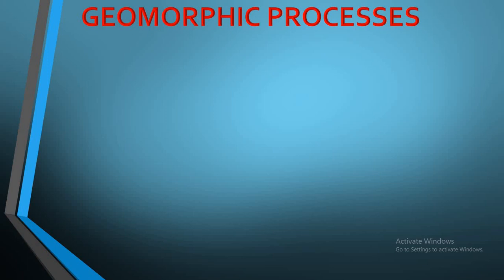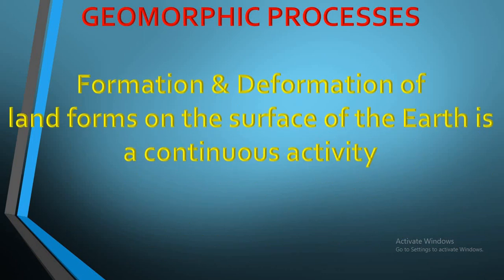What are geomorphic processes? So we are in lithosphere part 1. Now we are going to see what geomorphic processes are. The formation and deformation of landforms on the surface of the earth is a continuous activity. It has two broad processes.